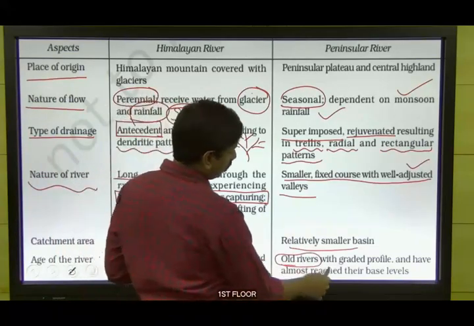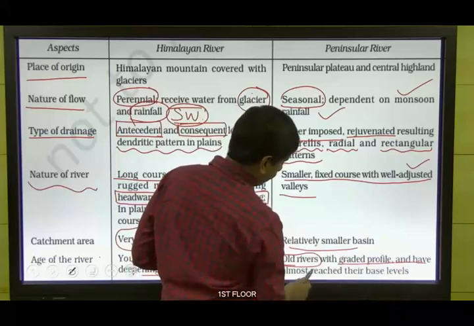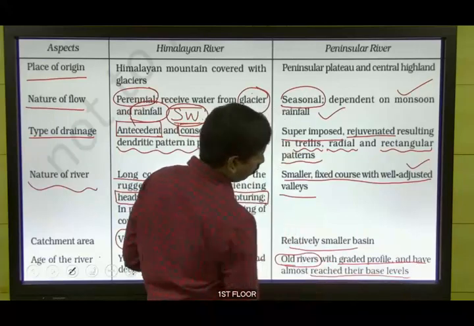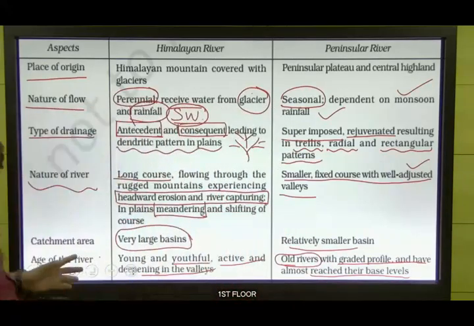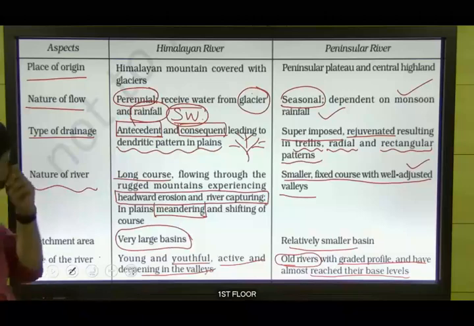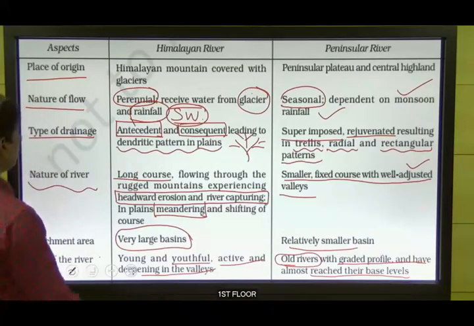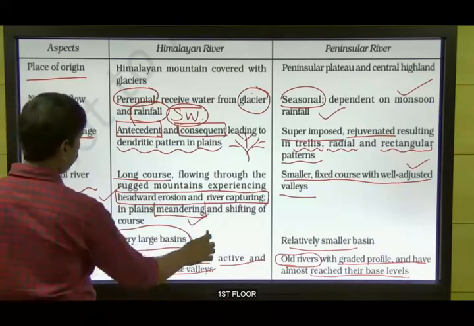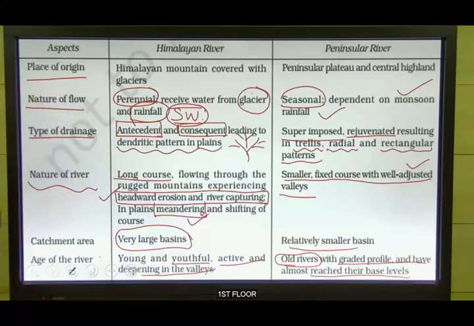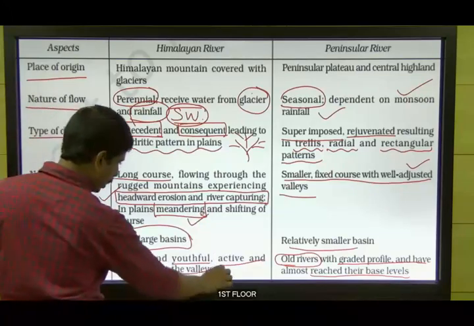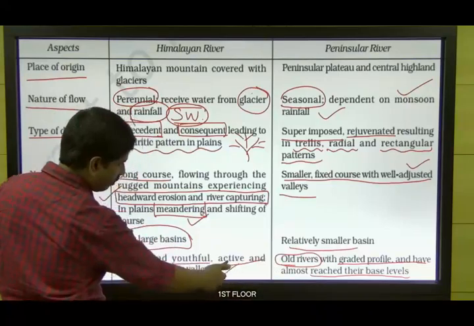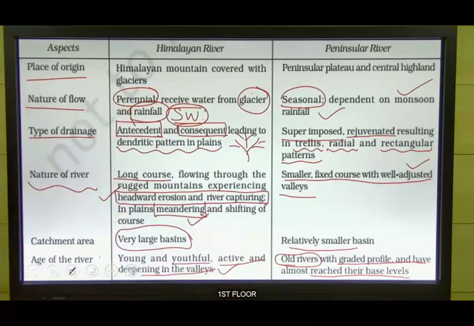Old river, graded profile and have almost reached their base levels. No more scope for erosion, but in this case there is scope for erosion. So I need to explain about headward erosion, meandering, and to some extent what is this base level, what is the eroding capacity, that also I will discuss.